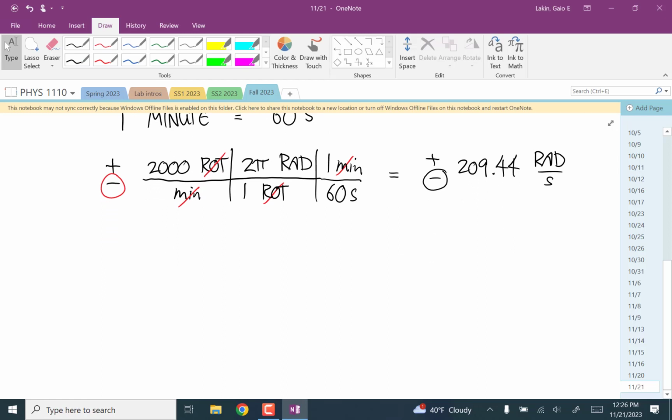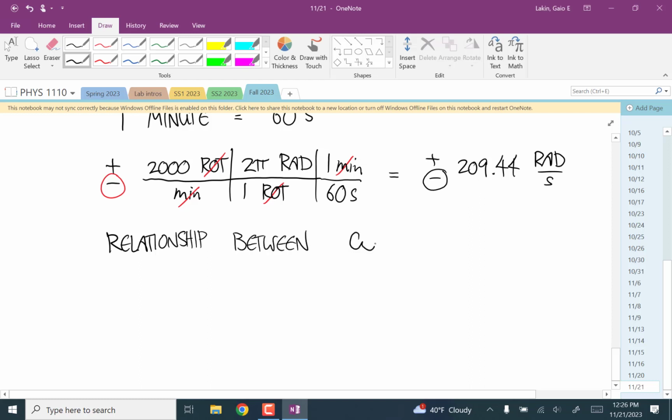We can relate the full body's angular velocity to the speed of any point on the body. So there's a relationship between the angular velocity of a body and the speed of a point on the body.